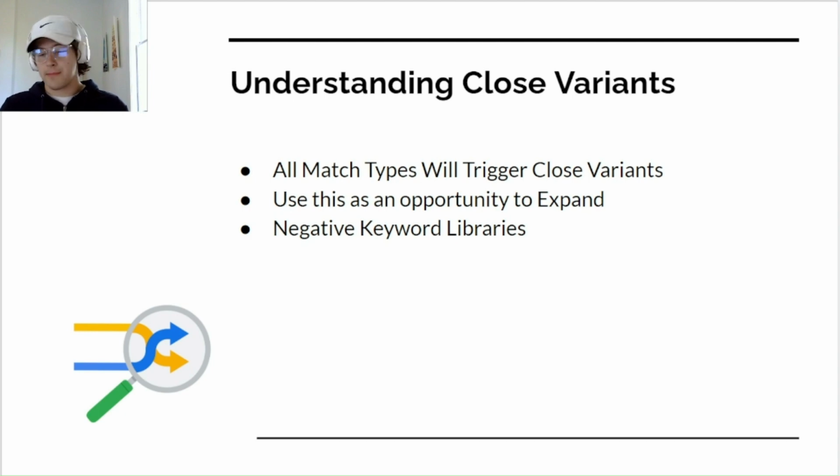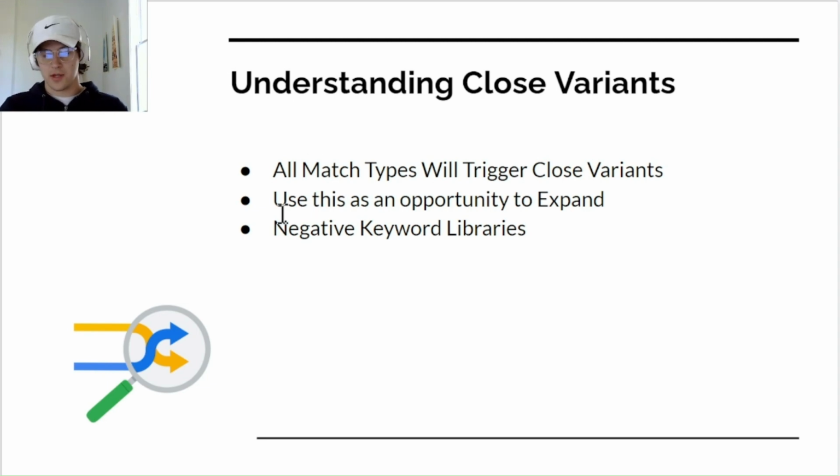And so if there's an opportunity to serve a close variant and still generate the results you're looking for, Google often will serve that close variant. Often close variants are misspellings, like I said, plural, stemmings, right? So floor instead of flooring, abbreviations, and then even accents. And in some situations, I've also seen, if you don't have strict language targeting, it trigger a different language version of your keyword.